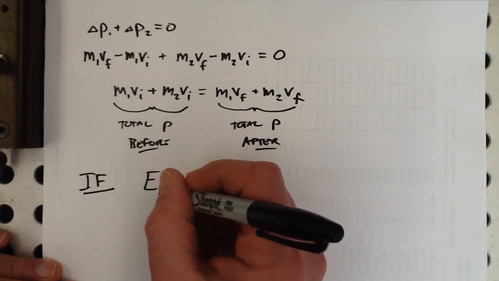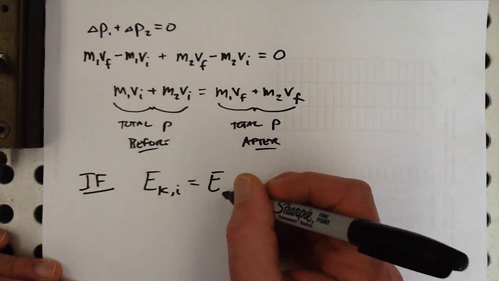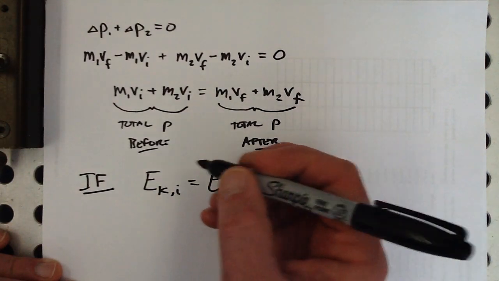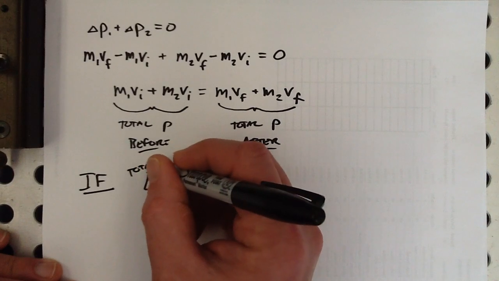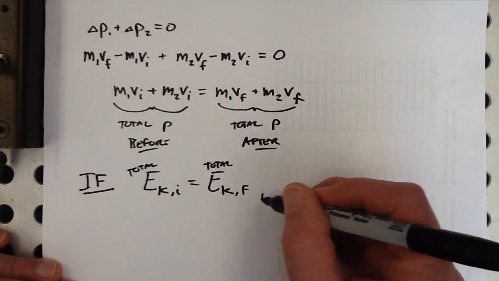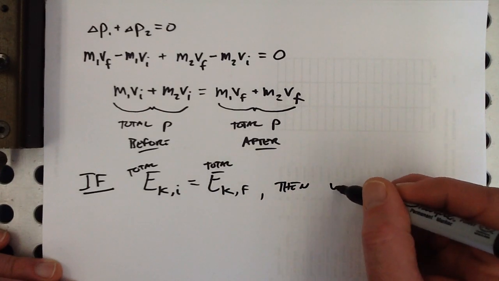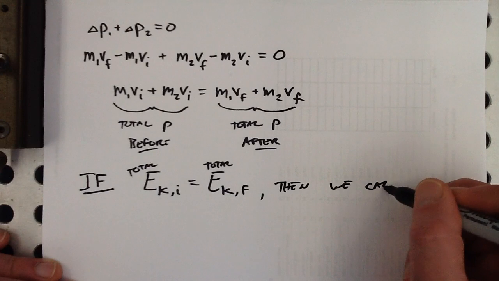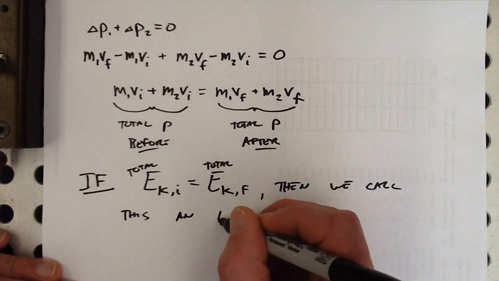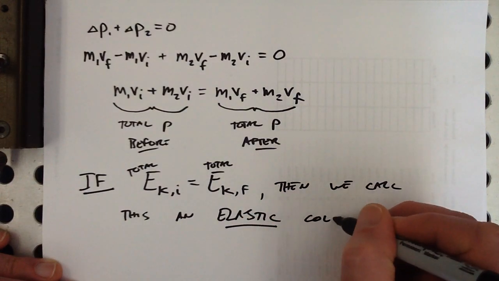If your kinetic energy before is equal to your kinetic energy after, those are totals, and we call this an elastic collision.